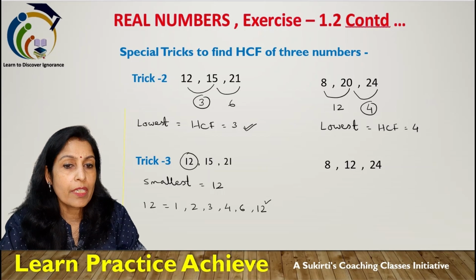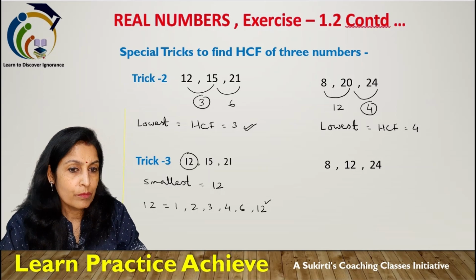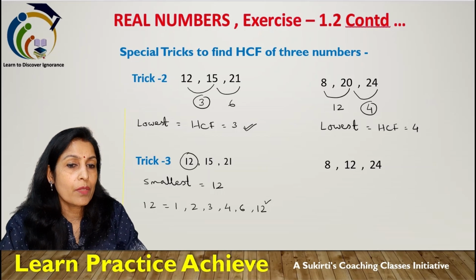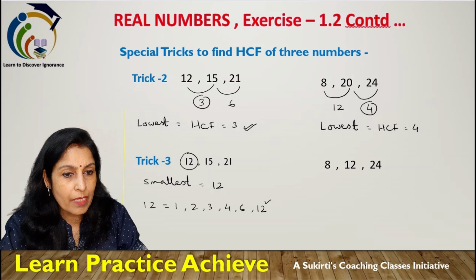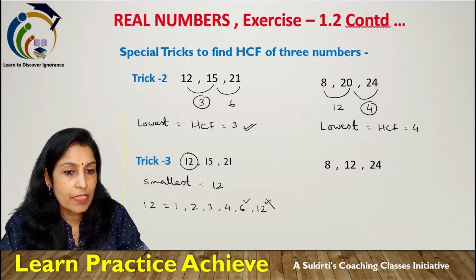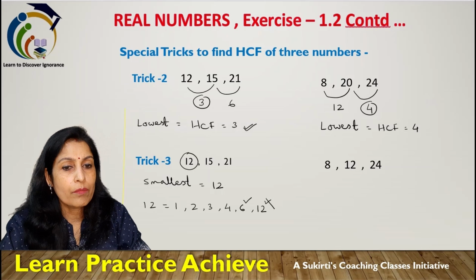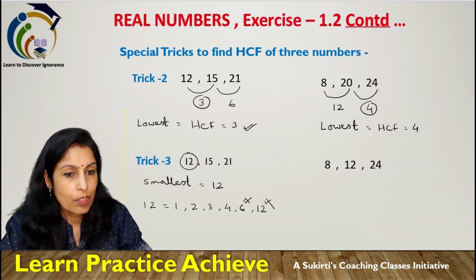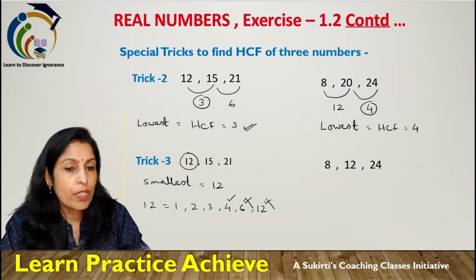Okay. So when we take 12, it will divide 12 but it will not divide 15 and 21. So we will cancel this one. Okay. Now 6, if you take 6, again 6 will divide 12 but not 15 and 21. So 6 is also cancelled. Then take 4, 4 will divide 12, not 15, not 21.